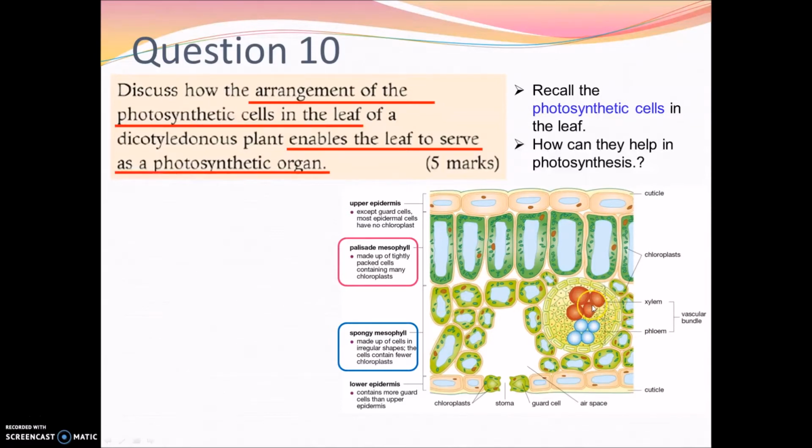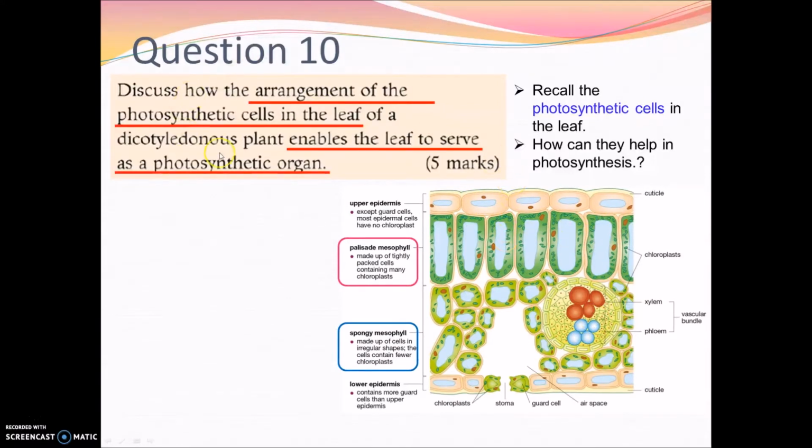Same logic for the xylem vessels and the phloem vessels. They are also tissues. So are the upper epidermal cells and the lower epidermal cells or the guard cells. So actually, different types of tissues are working together. That's why the leaf is a kind of organ.